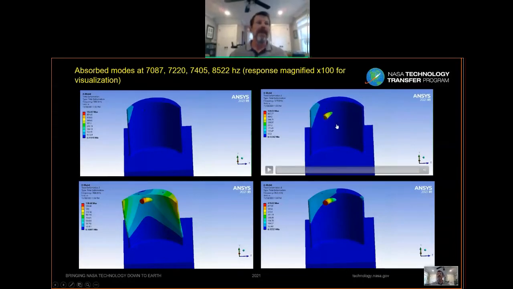Now, it's not really exiting the surface of the blade. That's just magnified by, I don't know, 100 or 1,000 times, just so that you can see it in the visualization. But it is moving an order of magnitude, 2 orders of magnitude more than the blade itself. And that's what we're trying to do.